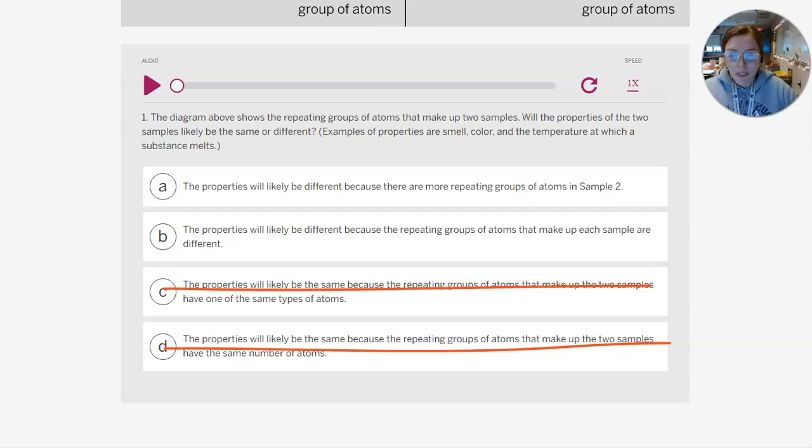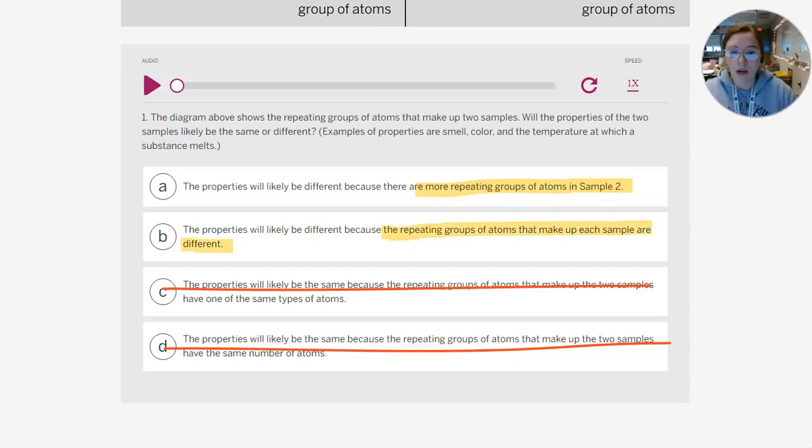A says the properties will likely be different because there are more repeating groups of atoms in sample 2. Versus B says the properties will likely be different because the repeating groups of atoms that make up each sample are different.